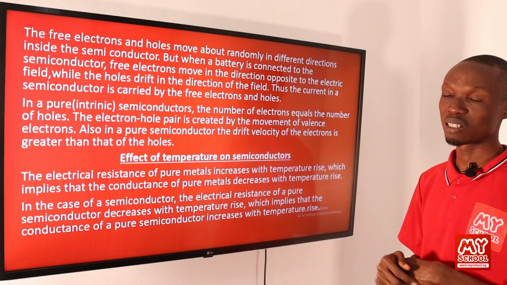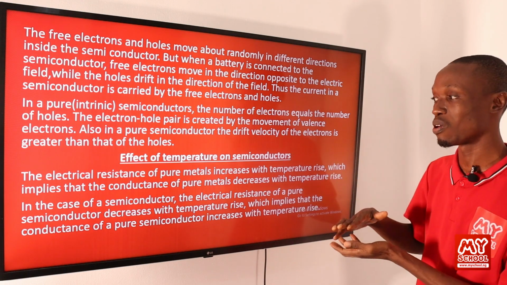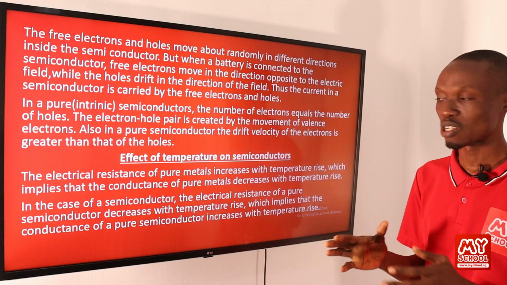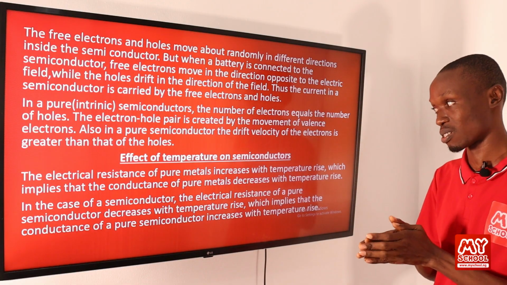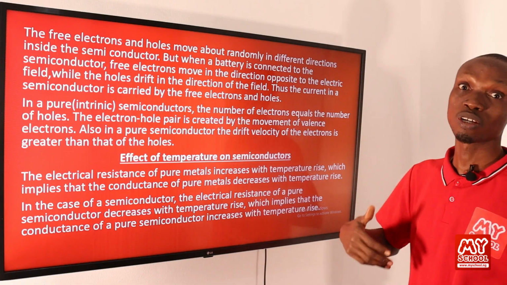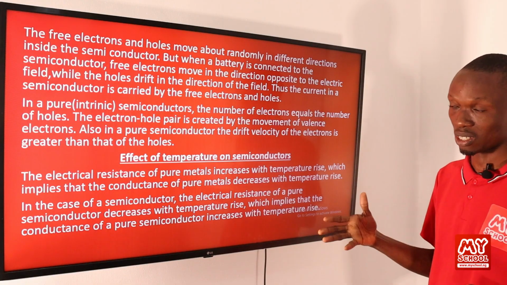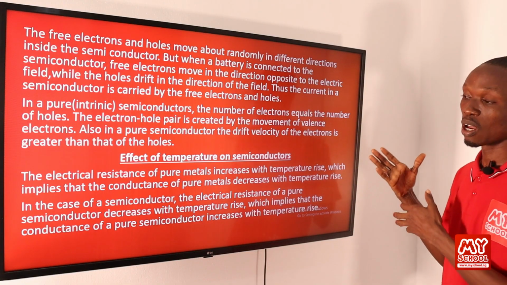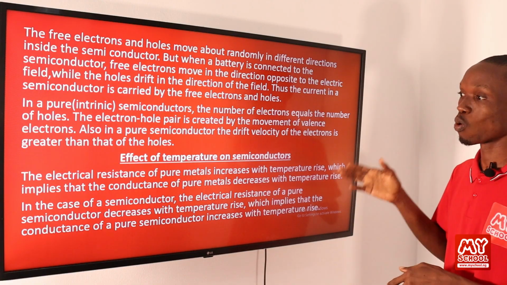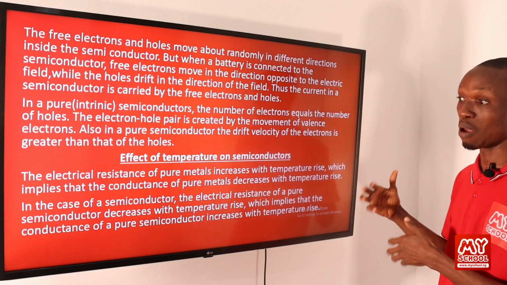Now let's discuss the effect of temperature on semiconductors, but we are going to be comparing it with that of pure metals. The electrical resistance of pure metals increases with temperature rise. That is, as temperature increases, the electrical resistance of pure metals increases, which implies that the conductance of pure metals decreases with temperature rise.